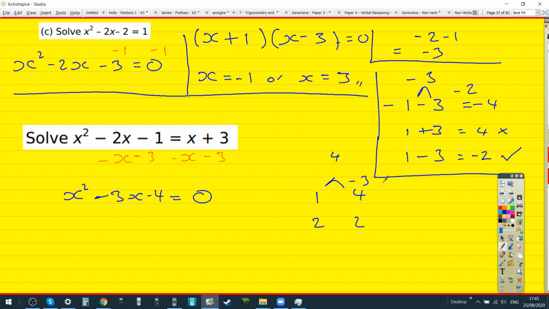So 1 and 4 has to work. So we need to make -3. You do 1 minus 4. Yep.